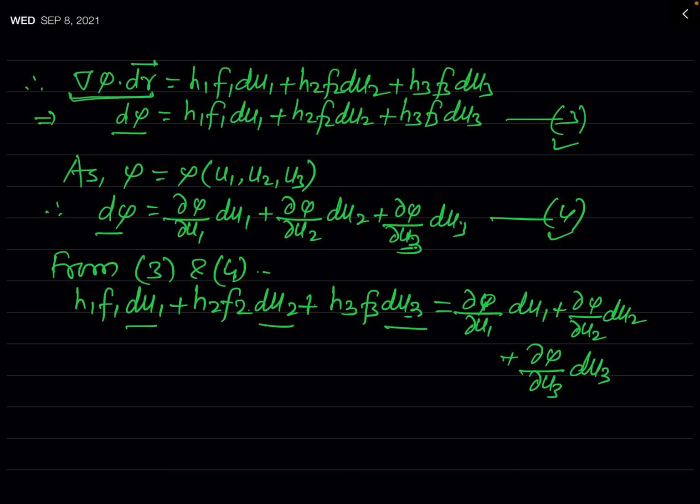Only then this equation will be valid. The reason is that du1, du2, du3 are all independent from one another. So for the validity of this identity, the coefficient of du1 in LHS must be equal to the coefficient of du1 in RHS. Similarly, the coefficients of du2 and du3 in LHS must be equal to those in RHS. So if you equate the coefficients of du1, du2 and du3, what will be our result? You can easily see.